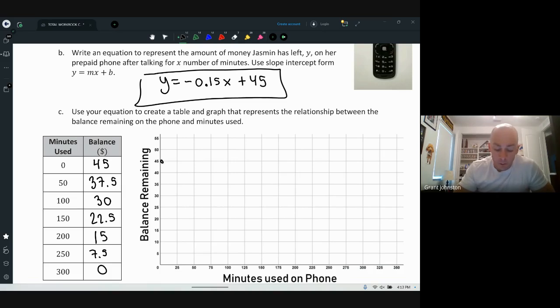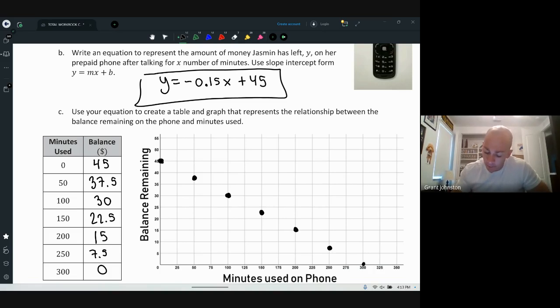Okay, so we start off with $45. After 50 minutes, now it's at 37.5, so that would be here about. And then 100's at 30. 150, 22.5. 200, 15. 250, 7.5.